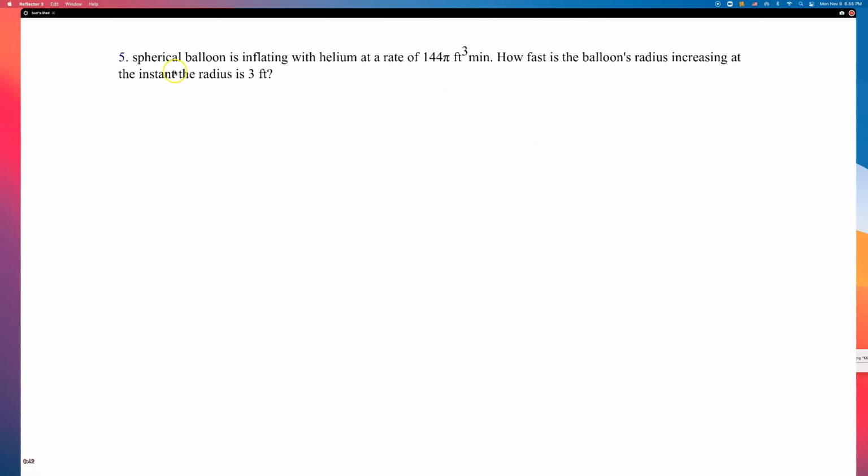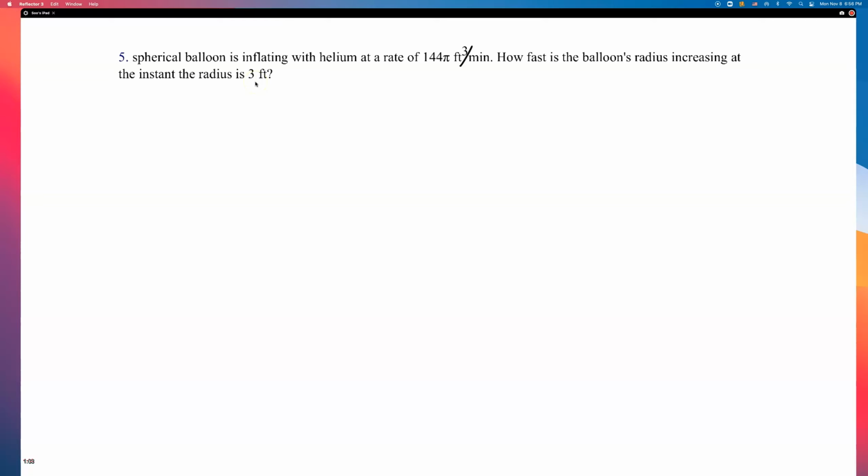All right, so I'm back to do number 5. A spherical balloon is inflating with helium at a rate of 144 pi cubic feet per minute. How fast is the balloon's radius increasing at the instant the radius is 3 feet? Let me label some stuff here, okay?